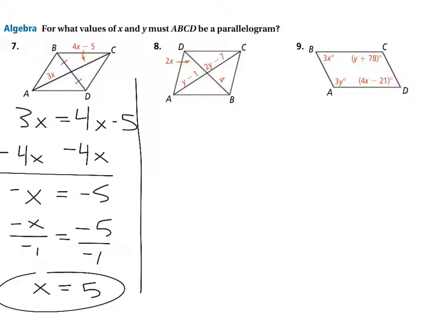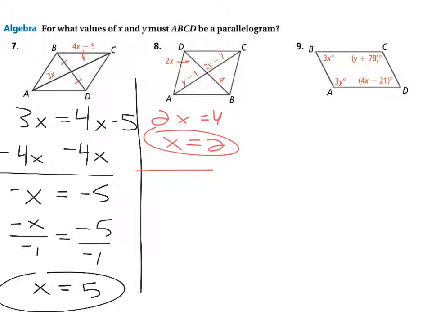And then, okay. So we know that based on these two segments, which need to be equal, 2x needs to be equal to 4. So we say 2x equals 4, divide by 2, x equals 2. Now, what do we get for these sections for y?